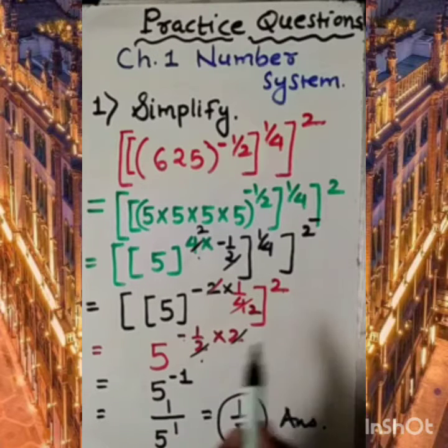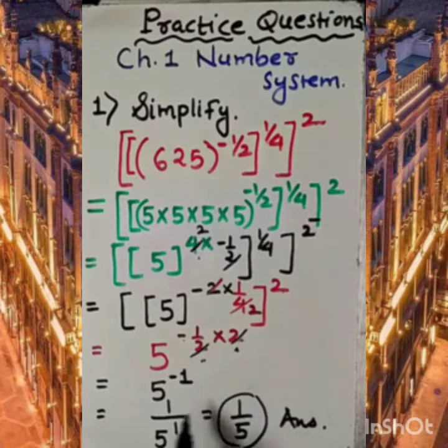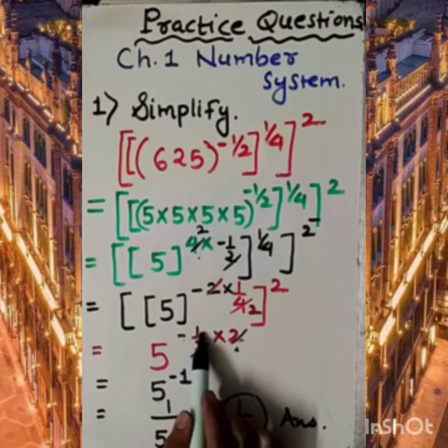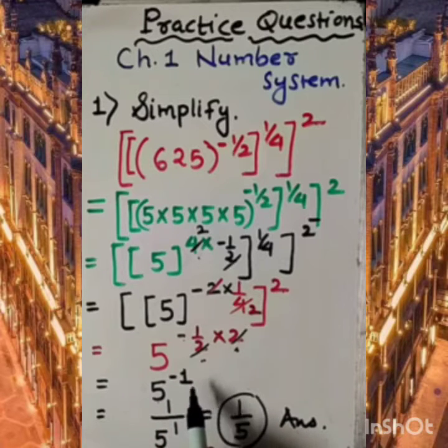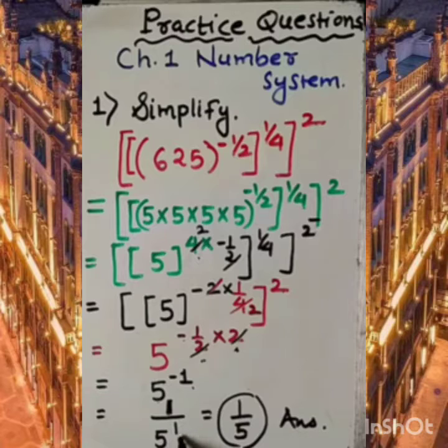And this 2 again will be multiplied with this minus 1 half. The 2s cancel, so finally 5 will have minus 1 power left. Whenever the power is negative, we write it as 1 upon, and then the power becomes positive. And 5 to the power 1 means only 5. The final answer is 1 by 5.